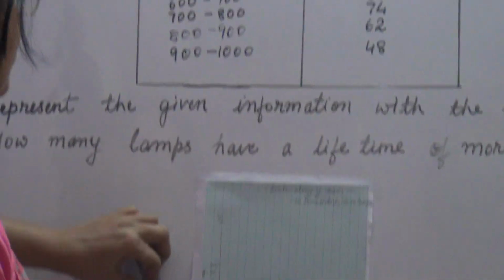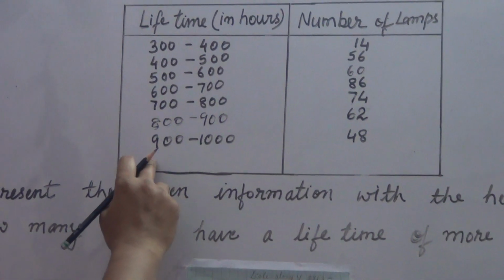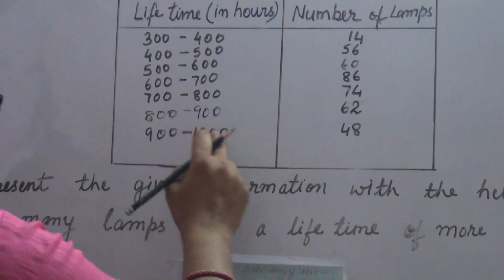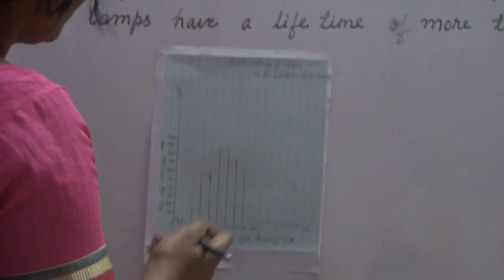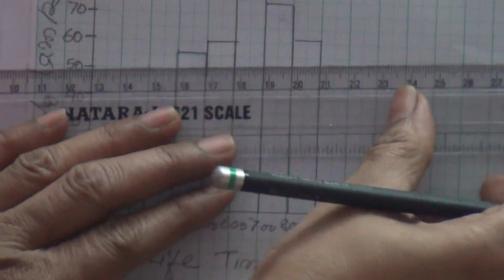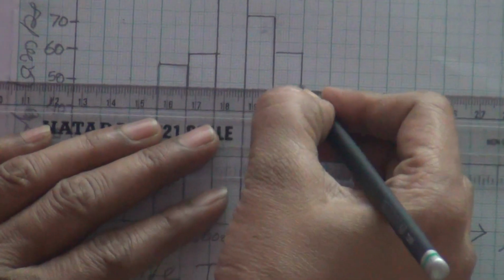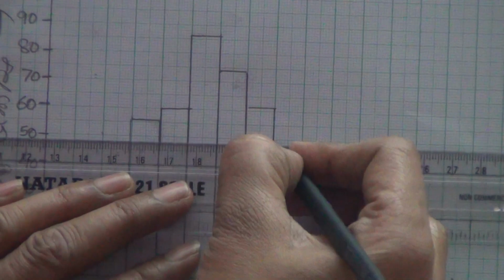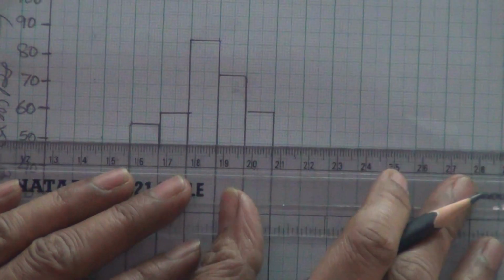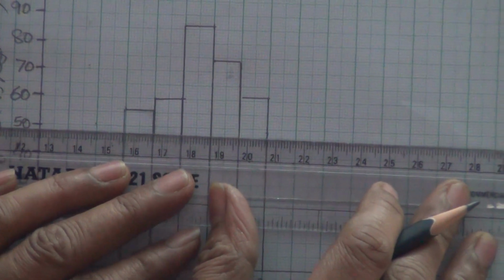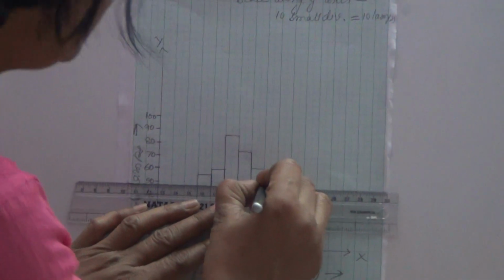Okay, now we are left with this class interval 900 to 1000, it is 48. 48 is two small divisions less than 50. It is better to use the ruler to get the actual position. Yes, here it is 48. It slipped a little bit, wait, I'm showing you properly. Here is 48. So it's better to draw this line.